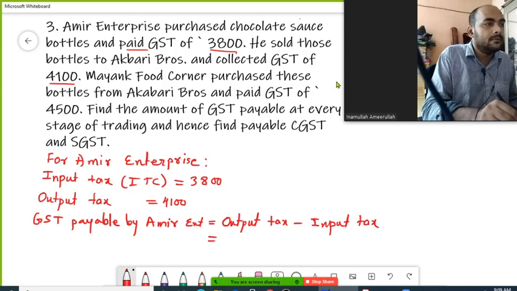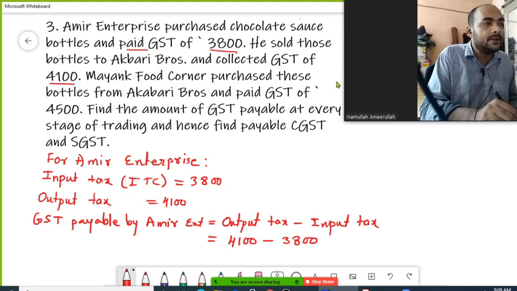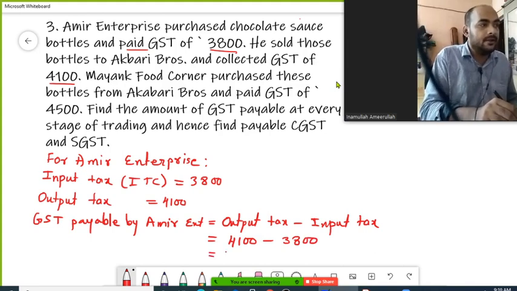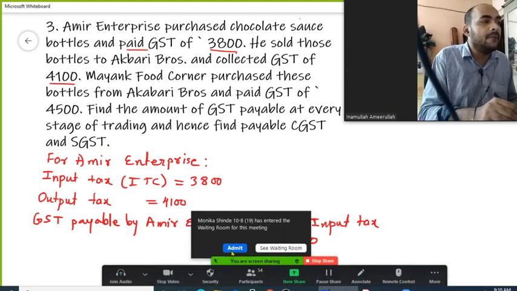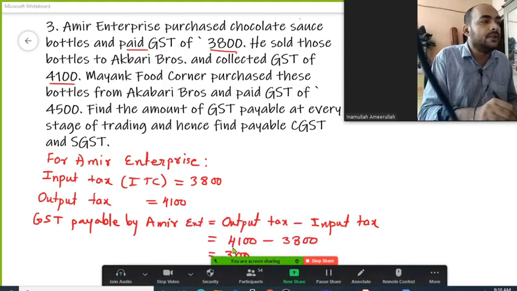Output tax for Amir Enterprise is 4,100, and input tax, that is ITC, is 3,800. So the difference is payable to the government, and the difference is 300. So this 300 is supposed to be paid by Amir Enterprise to the government.